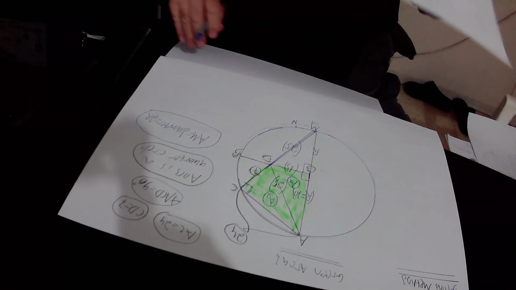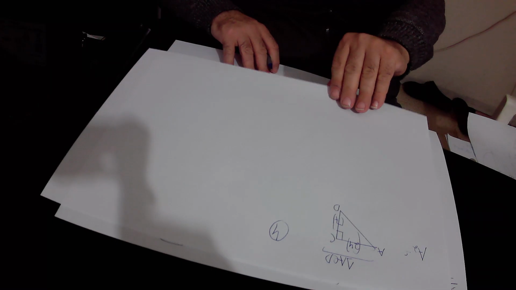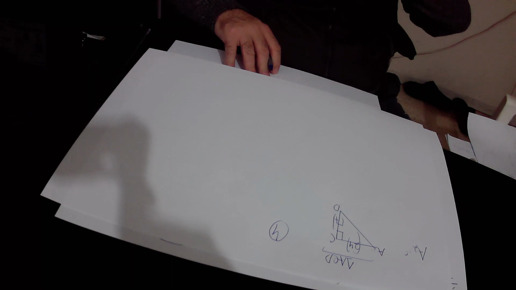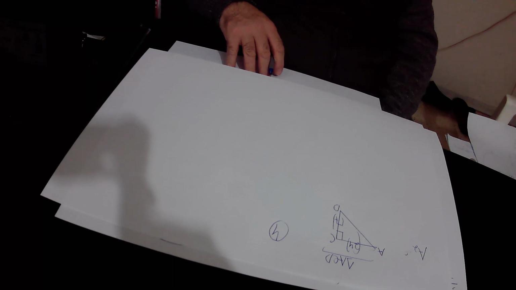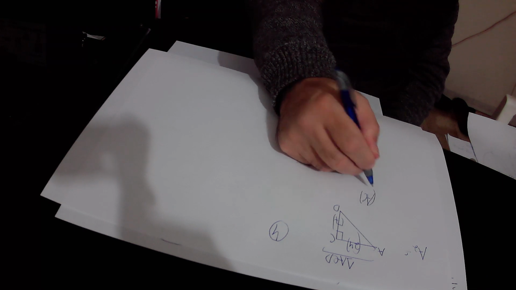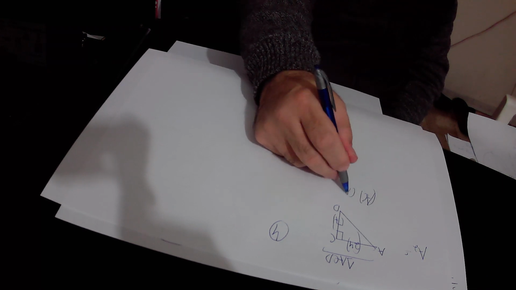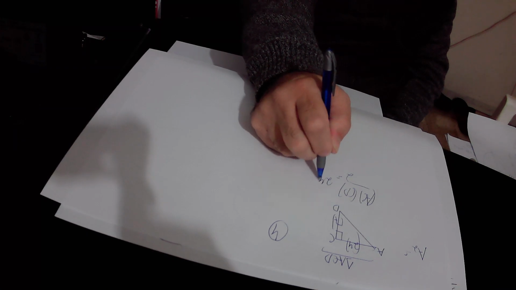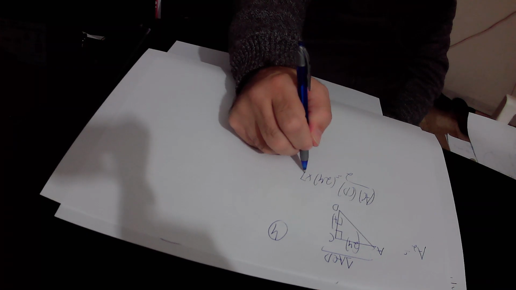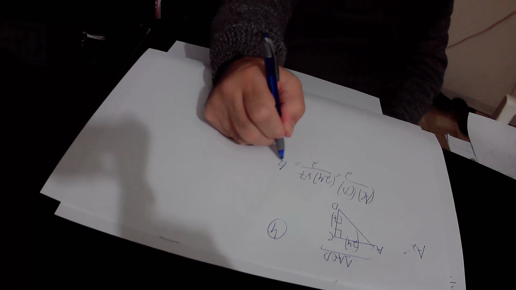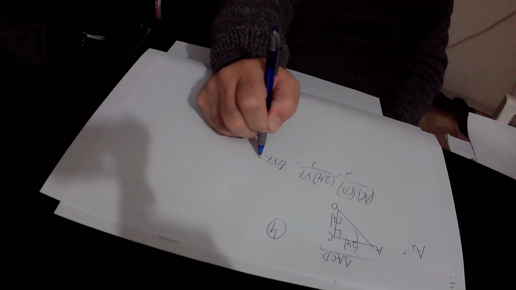Repeat again. A2 is the area of this green right triangle ACD. And the area of this right triangle ACD must be equal to AC times CD over 2. AC is 24 times CD is 7 over 2. 24 over 2 is 12, and 12 times 7 is 84.